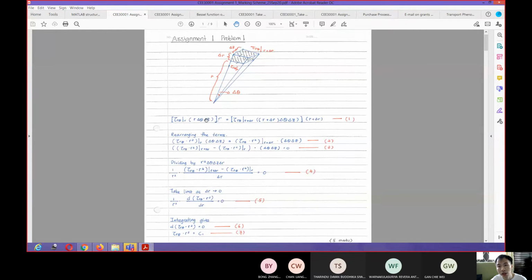But you need to think about what these things imply. So this delta r, delta z, and this r multiplied by this delta theta, and then multiplied again by r. What does it mean?